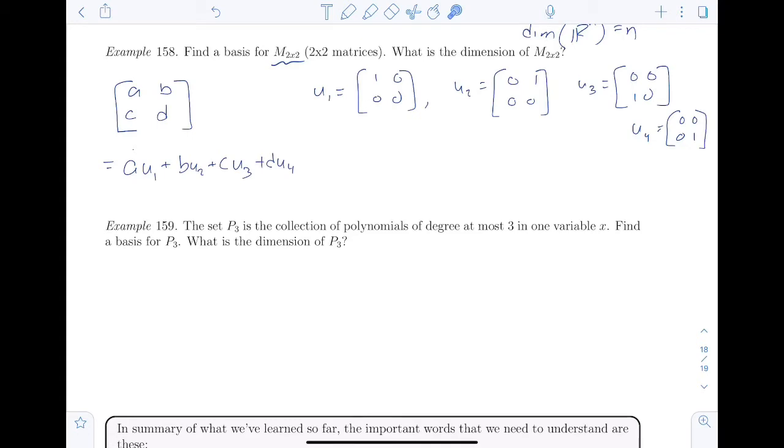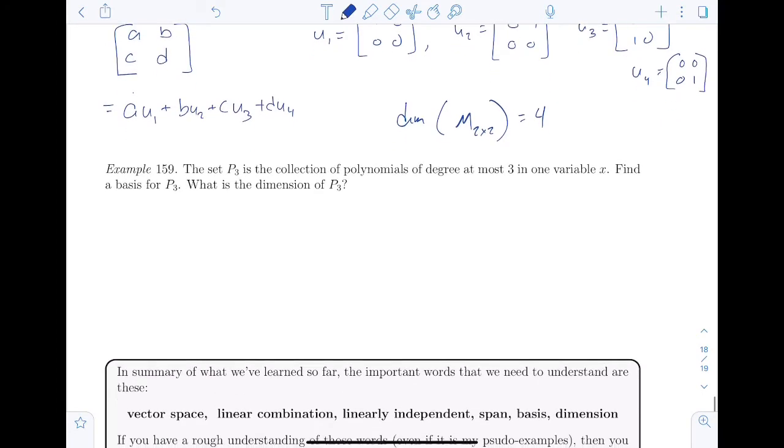And so when I think of two things being equivalent as vector spaces, I only mean in one sense, right? The minute you start adding on more structure on top of it, then things change, okay? So what is the dimension? The dimension of M 2 by 2 is in fact 4.